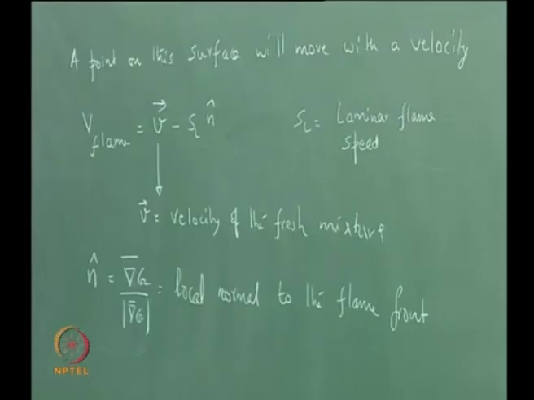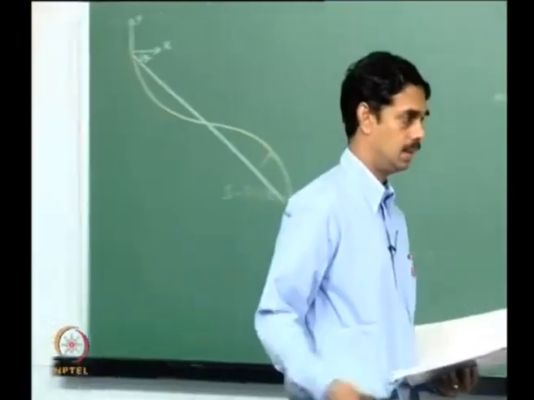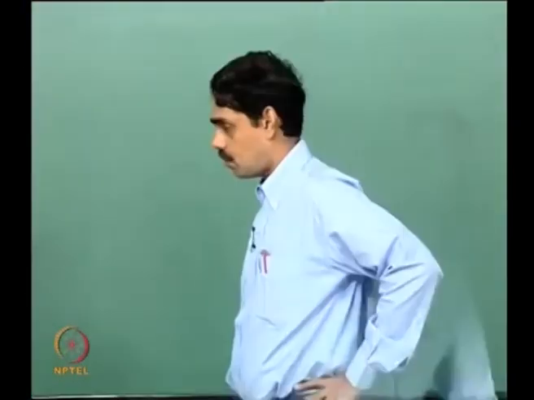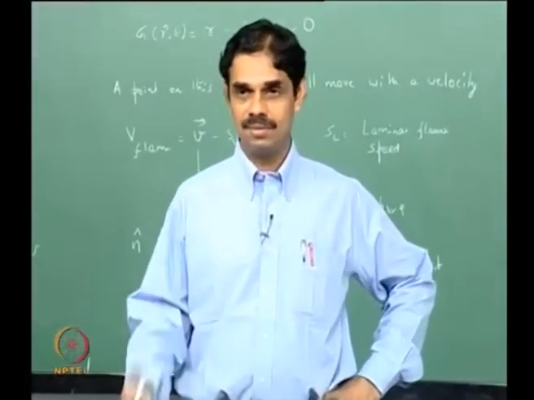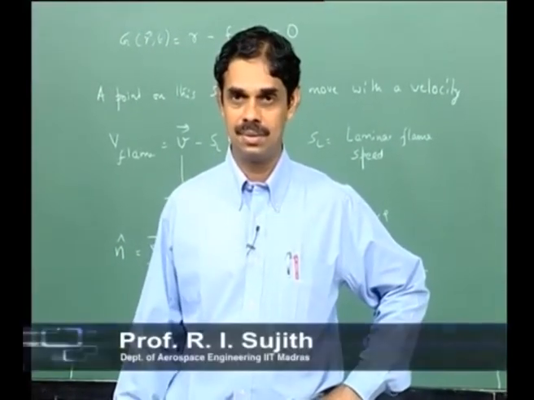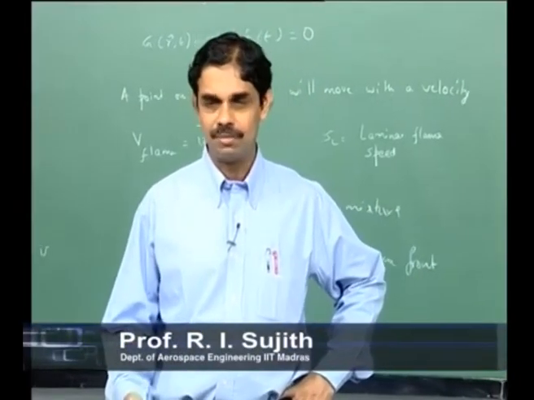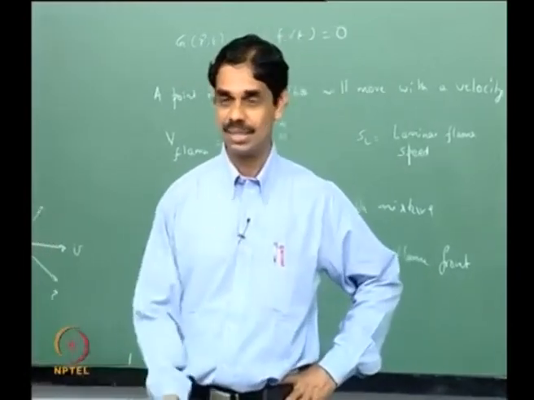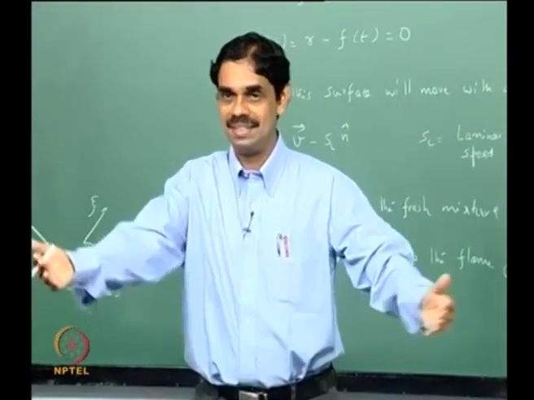Since there are fluctuations here, how can we be sure that we can use laminar flame speed? Yeah, it's a very good question. When you are wrinkling, the curvature of the flame changes, so your local heat transfer and all that changes. Laminar flame speed is a function of many things, including the flame curvature, so SL itself changes.